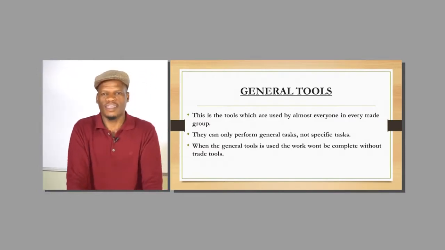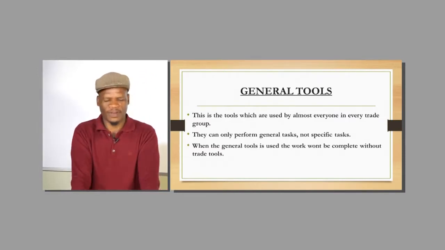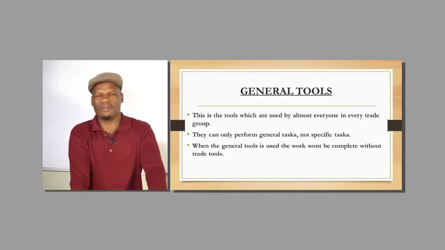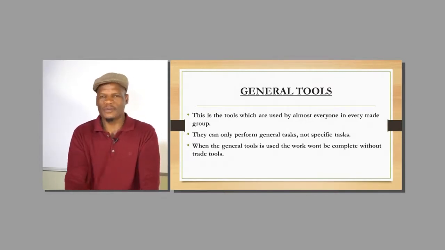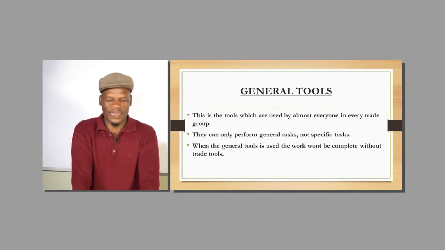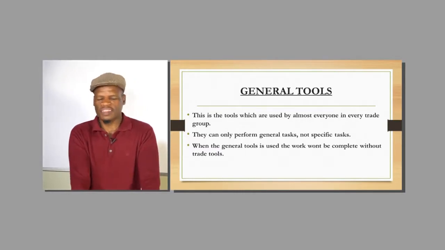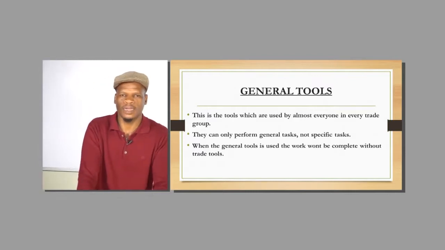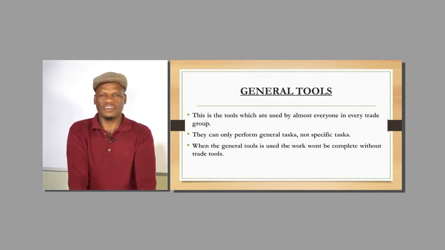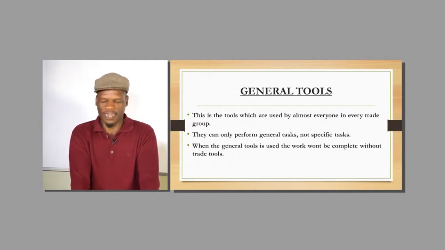Like for instance, if we give an example of a screwdriver, most of the people will need it. A carpenter will need it, a mechanic will need it, all those kinds of people might need it. But if you give a simple example of a tool which is a tile cutter, only one person will be able to use that, which is the tiler. So you will know that that type of tool is not going to fall under the general tools.